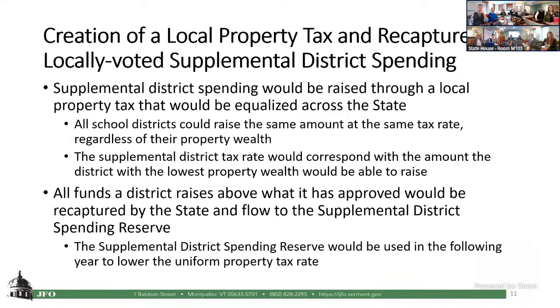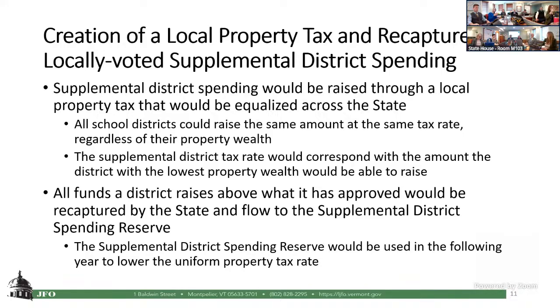Also, there's only recapture if school districts opt to vote on supplemental. That's right. Which they may say, we're not going to do that because of all of our grand list. And yes, both points.